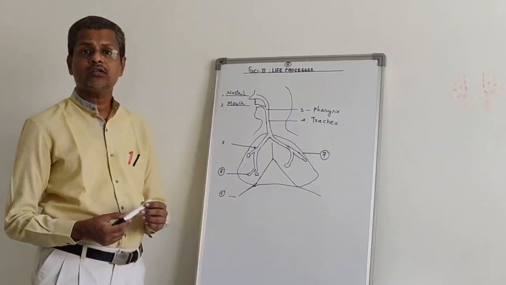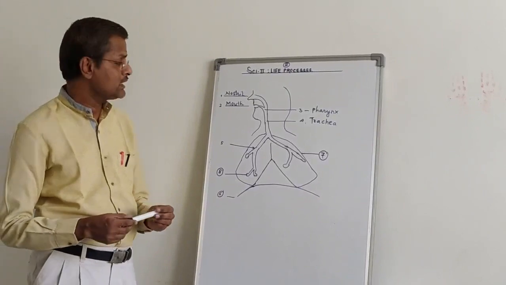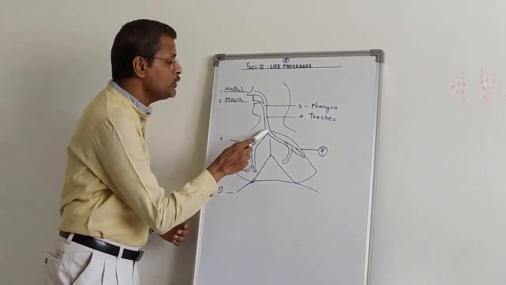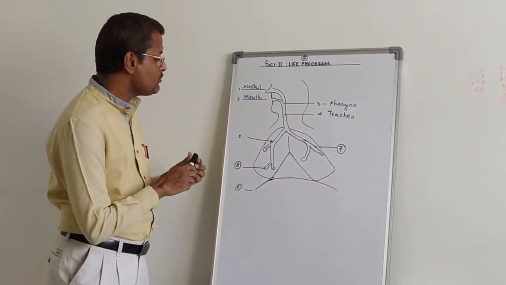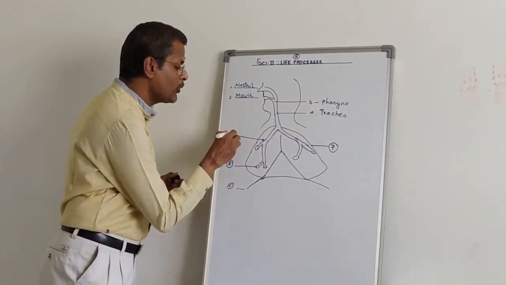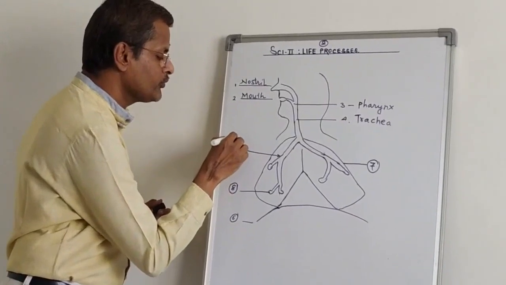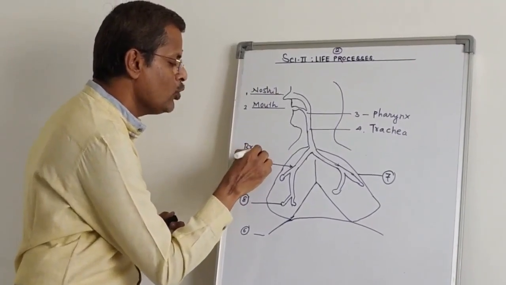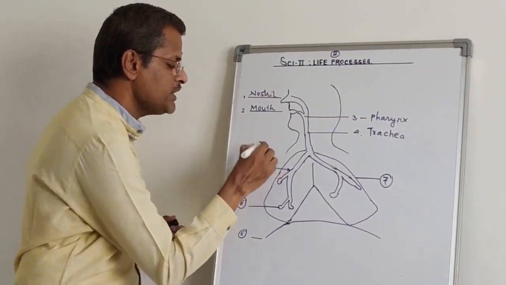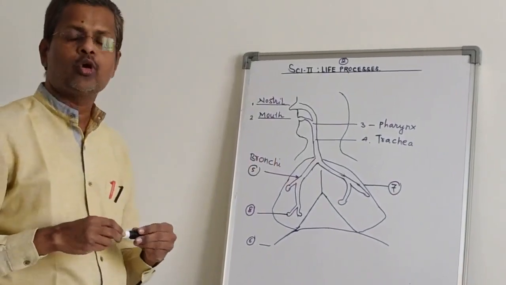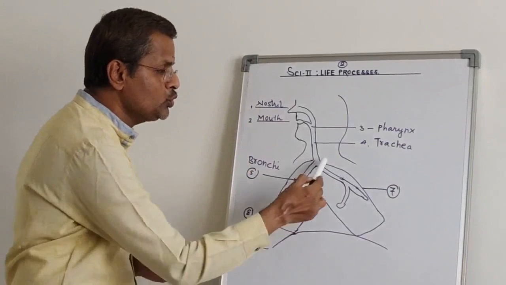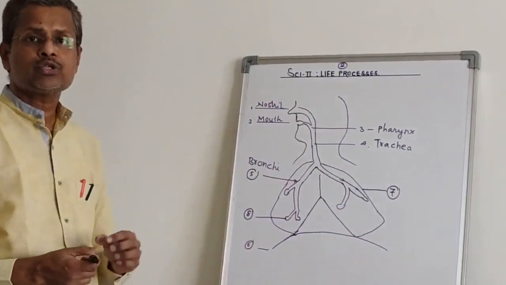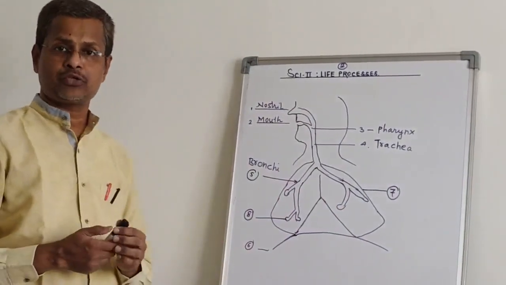When trachea enters into the lungs, it gets divided into 2 different parts. These parts are called bronchi, B-R-O-N-C-H-I. And those 2 lungs have small bubble-like structures.